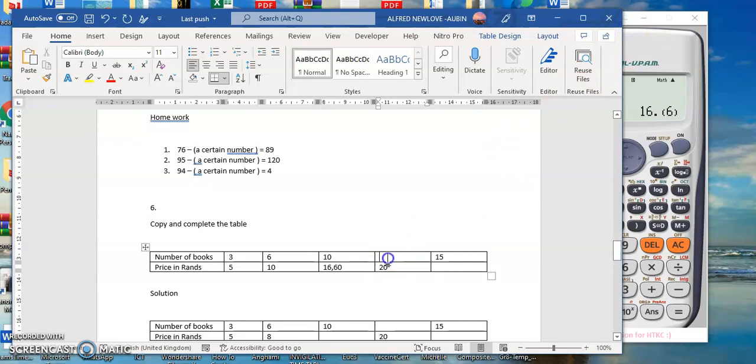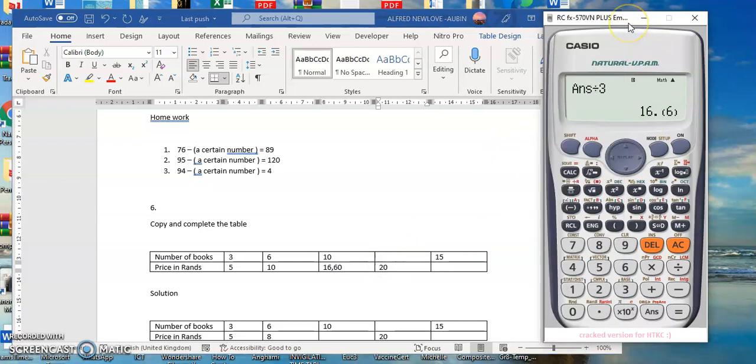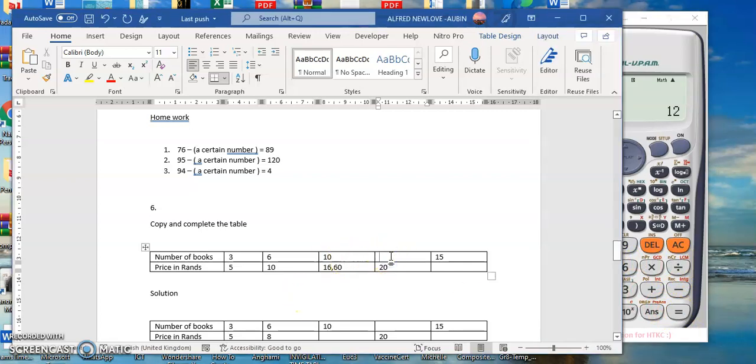Now to fill this side also, you multiply this by that, then divide it by this. So it's going to be 20 times 3 divided by 5, which gives us 12. Then how are you going to fill this side?